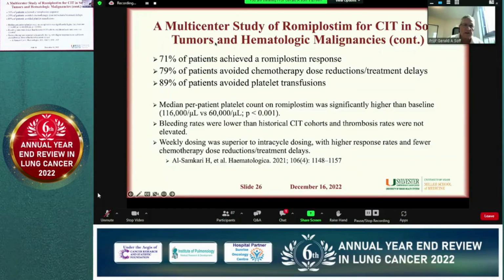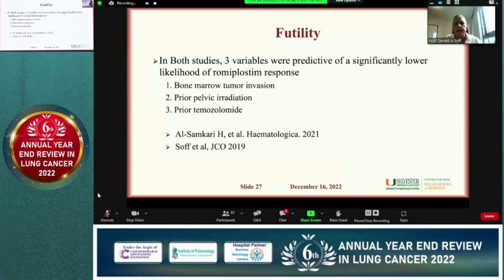He had a shorter experience, but it was still very similar to what we had published ourselves. And again, there was very low bleeding and there was a low rate of thrombosis. So it appears to be safe and effective in both these 2 large studies from Mass General and my practice at Penn. We know now, Dr. Al-Sankari and myself both showed the same categories of utility.